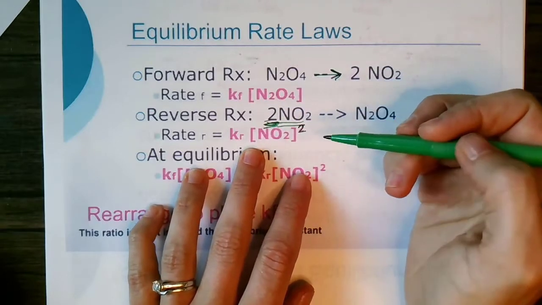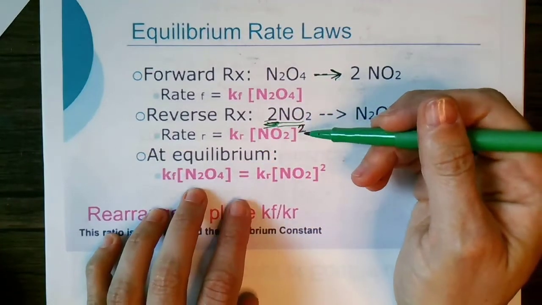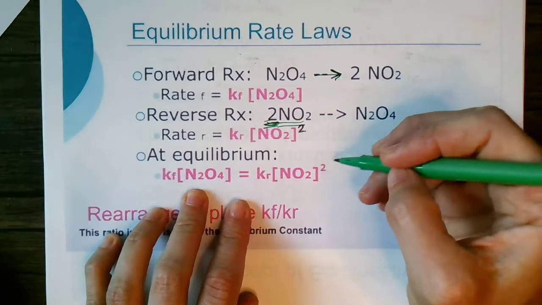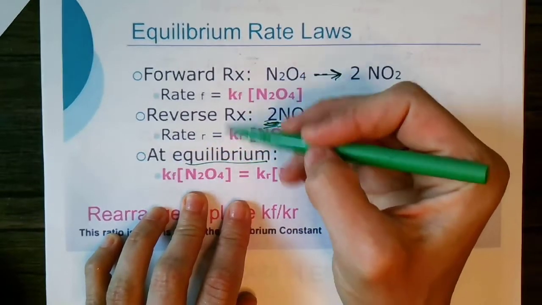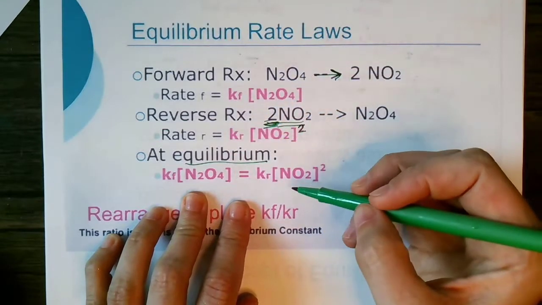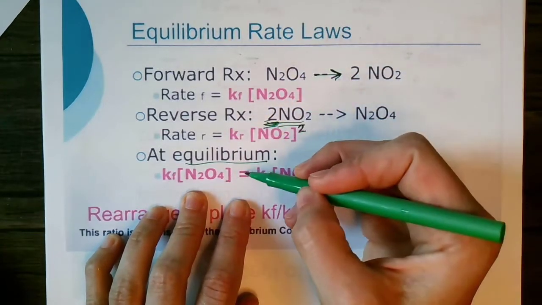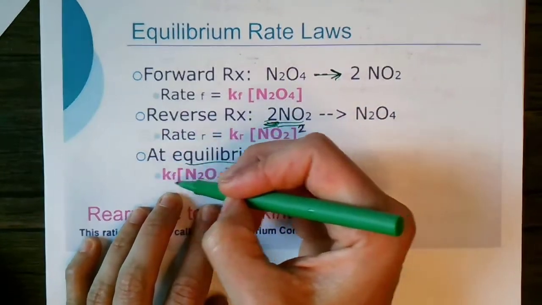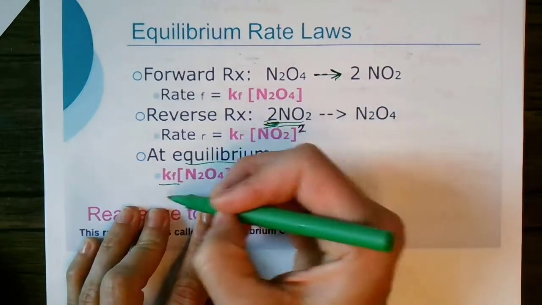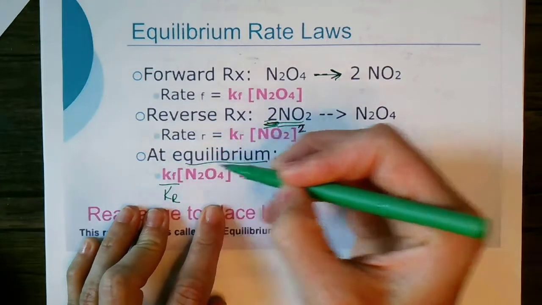It is stoichiometric dependent. Then we arranged that so at dynamic equilibrium, when both of these are happening at the same rate, they are set equal to one another. We rearranged this so that we had the forward reaction rate and the reverse reaction rate.